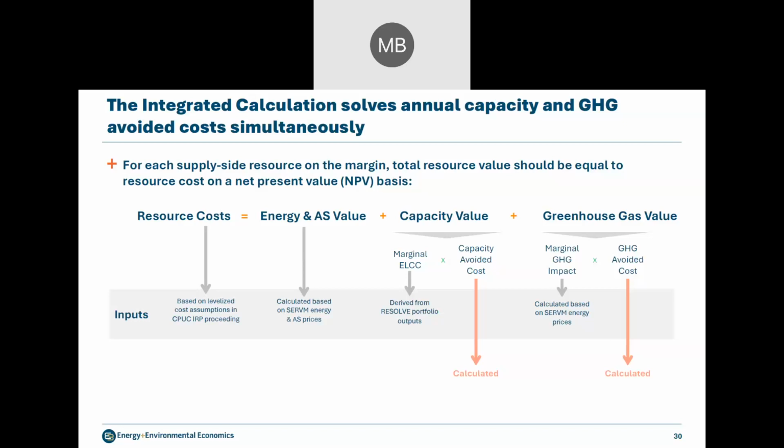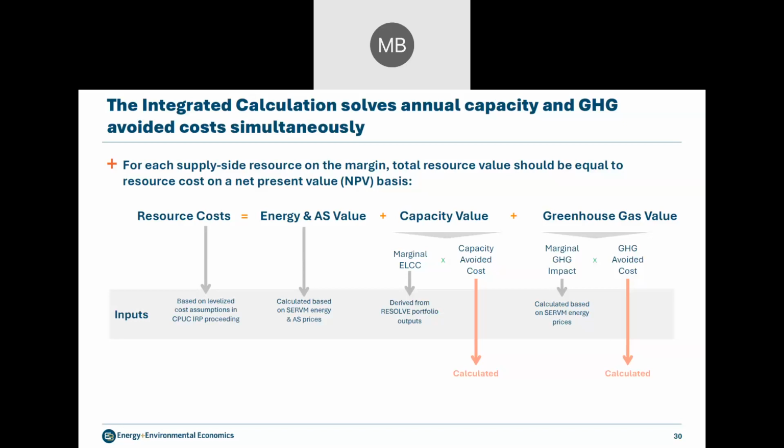Great. Okay. Question from Hassan in the chat. I'm not sure if I understood this correctly. So if you include GHG revenue, the avoided net costs are negative. Yes, if you don't set a floor for the avoided cost.